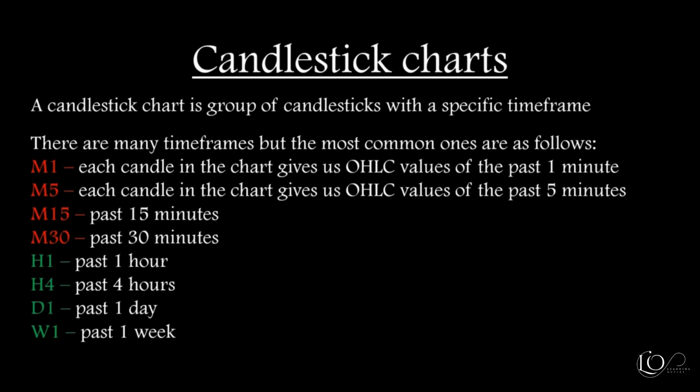So each candle on the W1 chart is going to be representative of what happened to price over a 1 week period. Now I have the M1, M5, M15 and M30 in red, and I have the H1, H4, D1 and the W1 in green. The reason for this is that the ones in red are pretty fast time frames, and beginners shouldn't really be using them.